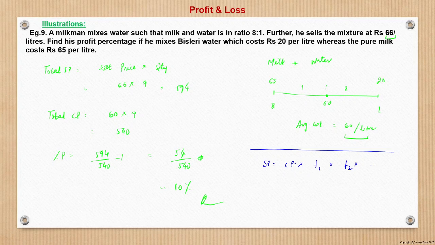However, that will be a bit tricky because the addition of Bisleri water, which costs 20 per liter, impacts not only SP but also the CP of the overall mixture. So if we are able to take care of the change in CP, then we can use that concept. Otherwise, the traditional and generic approach is quite easy and very time efficient. So we will go by this approach only in this question.